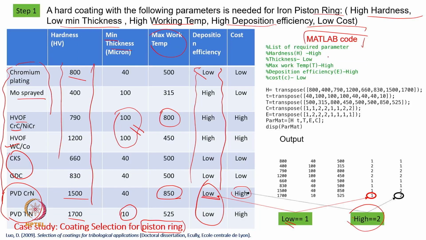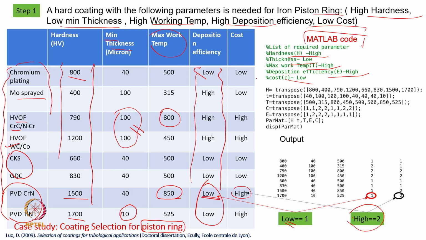Now, as we are using the MATLAB codes, in this case we want a high hardness, low thickness, high temperature, high deposition efficiency, and low cost. So, all these factors will be based on that. High means it will be the score based on 1 to 10, while low means we will be subtracting from 10, in that formula whatever we are going to use.